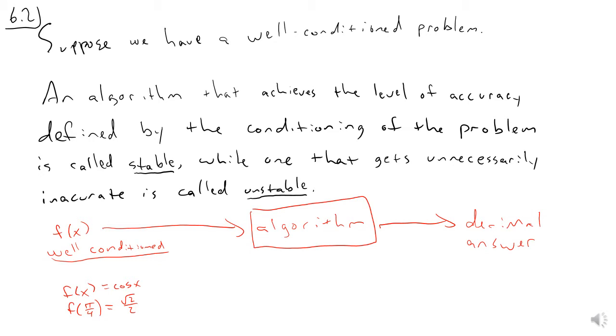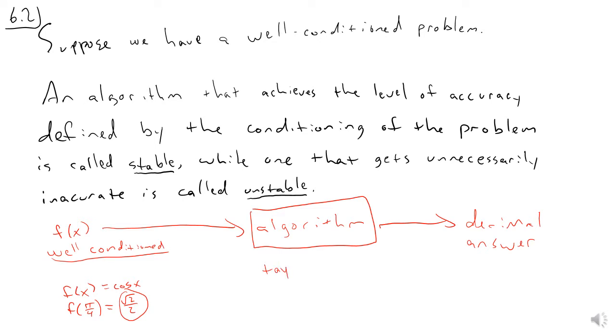But a computer, when it evaluates cosine of pi over 4, typically what it's doing is getting a decimal approximation to cosine of pi over 4. It's not telling you exactly what the answer is, it's giving you some decimal number. And that decimal number is coming from some algorithm. Maybe, again, the algorithm is the Taylor series.